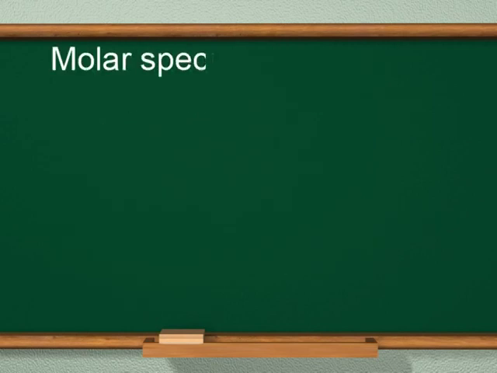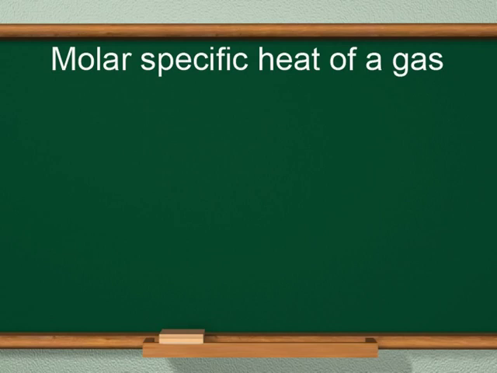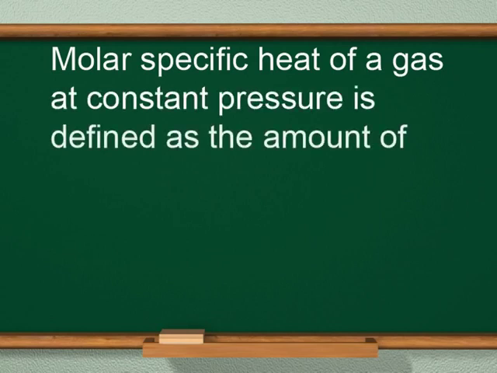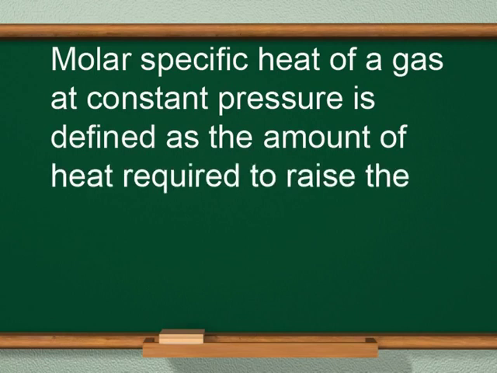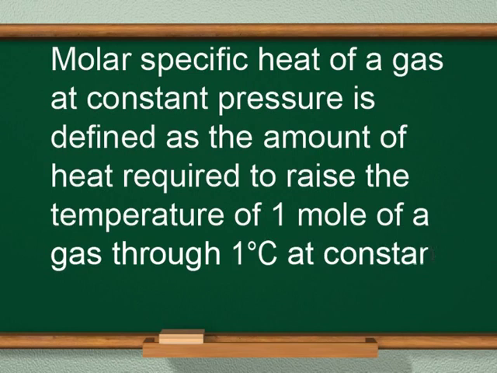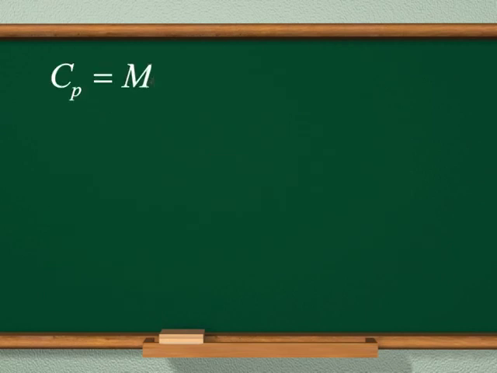And molar specific heat of a gas at constant pressure is defined as the amount of heat required to raise the temperature of 1 mole of a gas through 1 degree Celsius at constant pressure. It is denoted by capital Cp. I hope it is clear that capital Cp is equal to m into small cp.